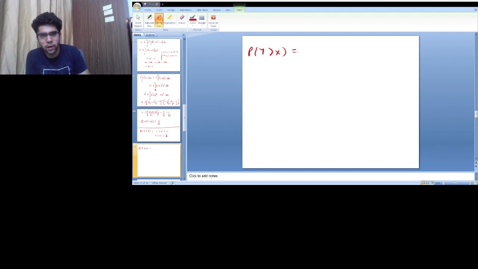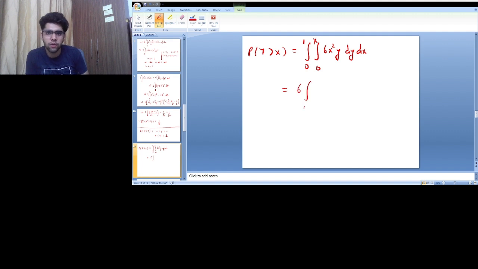So x goes from 0 to 1, y goes from 0 to x. This is 6x square y dy, because this integral possesses the limits of y, and this external one possesses the limits of x.